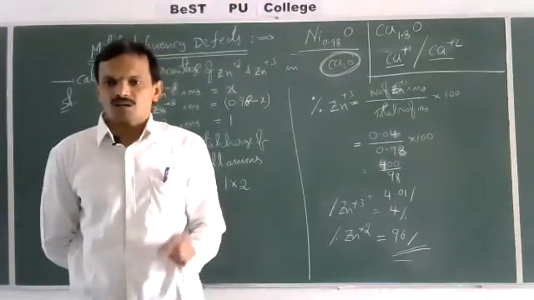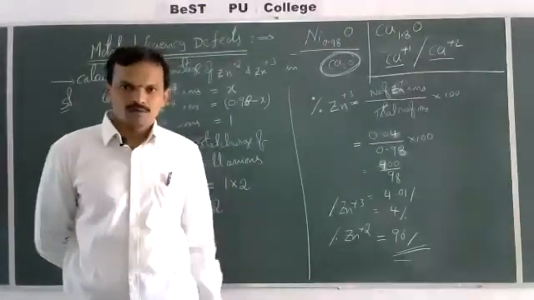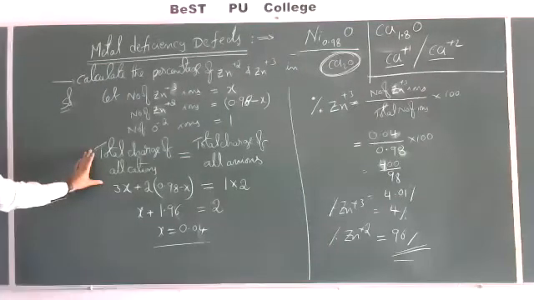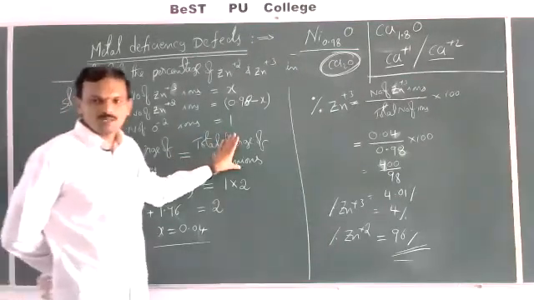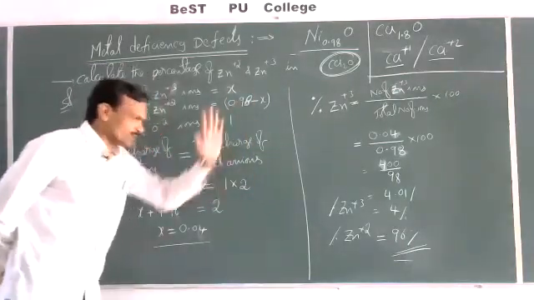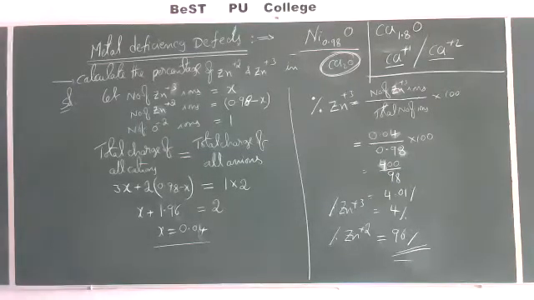If you want to calculate the percentage of these metal ions in the compound, then you just equalize the total charge of all cations to the total charge of all anions. By comparing like this, you can get the percentage of both metal ions. Okay, so this is regarding metal deficiency defects.